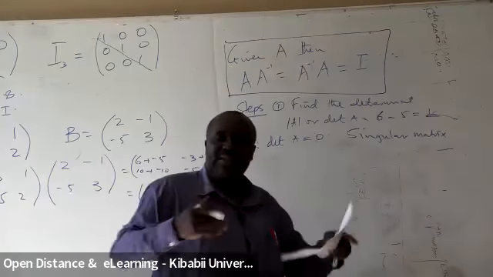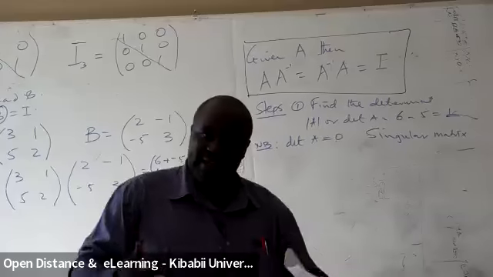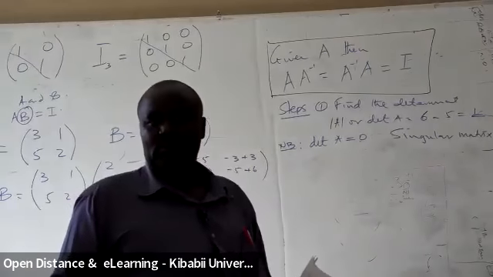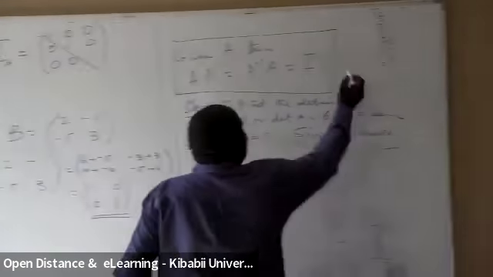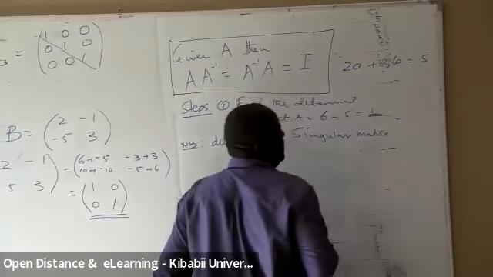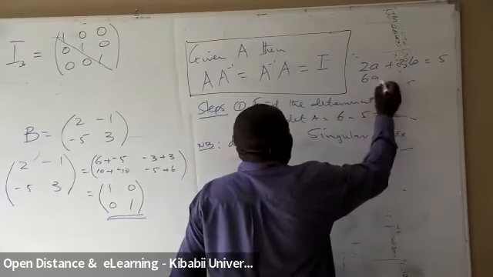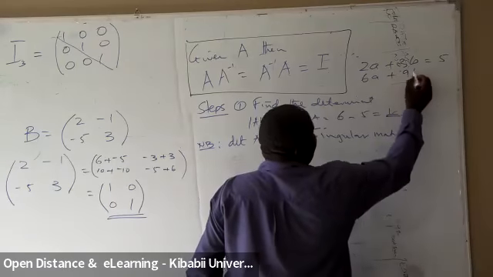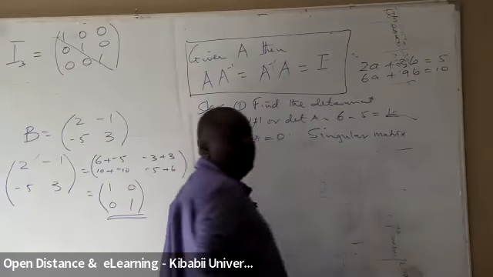Meaning that this is a matrix that is defining the same equation. Like if you have the equation 2a plus 3b is equal to 5, then I have 6a plus 9b is equal to 10.